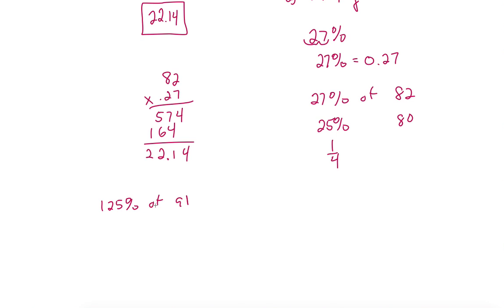Don't think that we just take the decimal and move it to the front of the number, because that's not the case. Remember, anytime we're changing a percent to a decimal, we move the decimal 2 spaces to the left. So it'll just be 1 and 25 hundredths times 91. Okay? That's how you find a percent of a number.